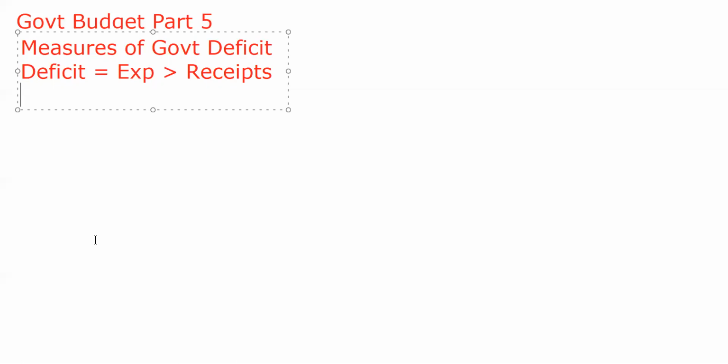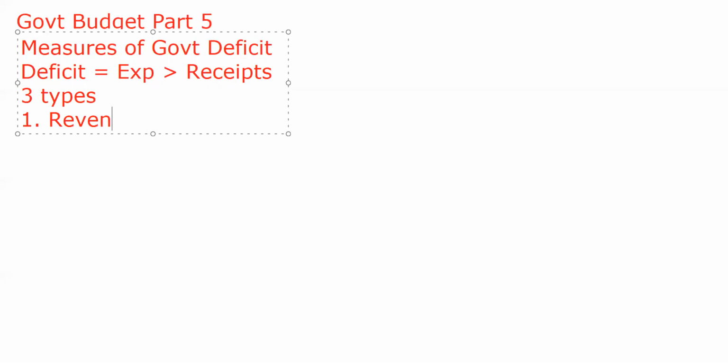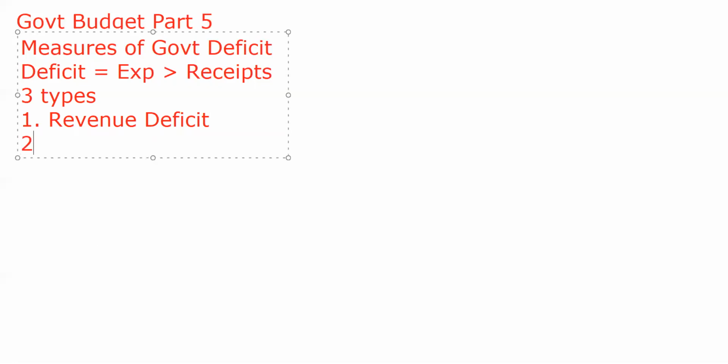With reference to the budget of the Indian government, budgetary deficit is of three types. Number one, revenue deficit. Number two, fiscal deficit.